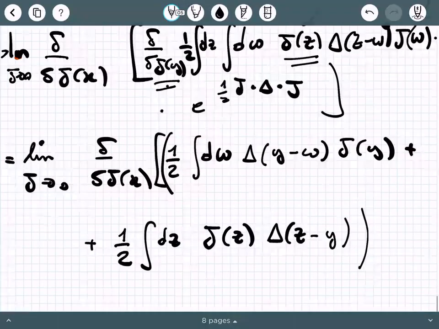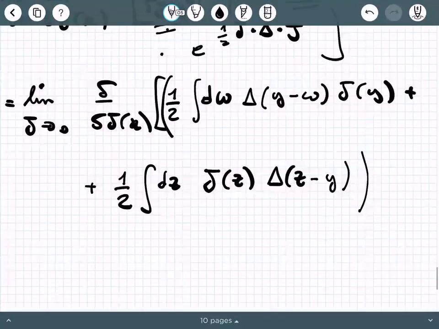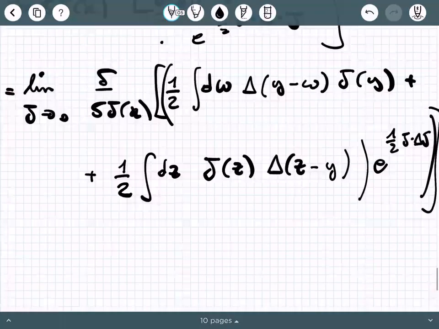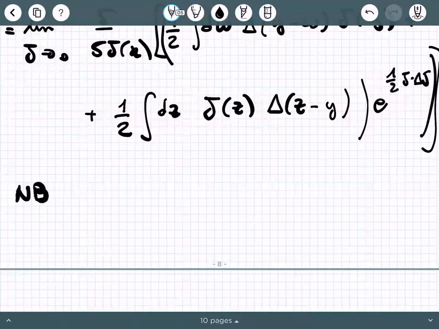So how do I know? Okay, let me finish the expression, and then I have e to the 1/2 j w j, okay? Now, let me take a break and solve for the delta of x minus y. What is it?